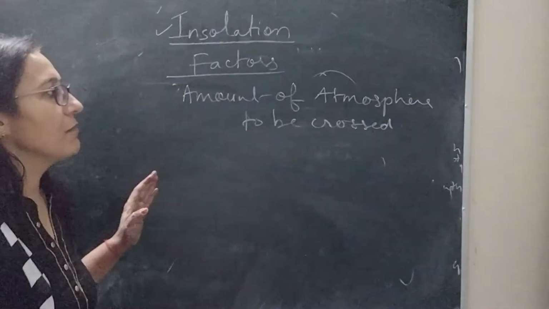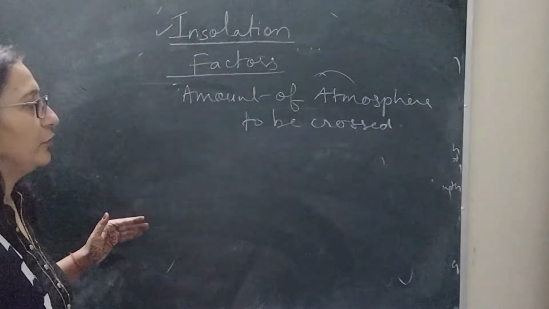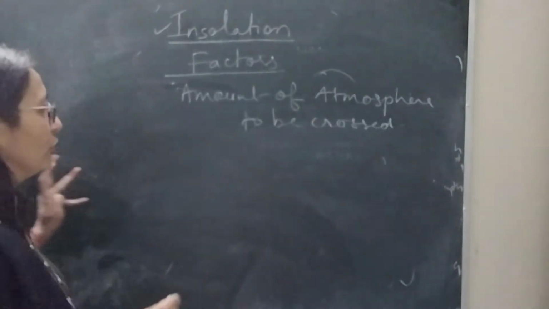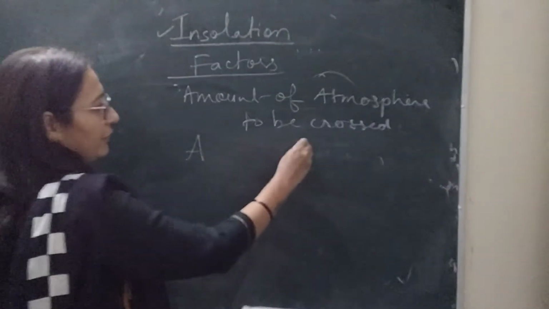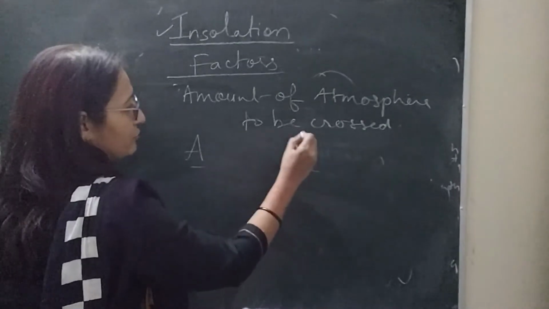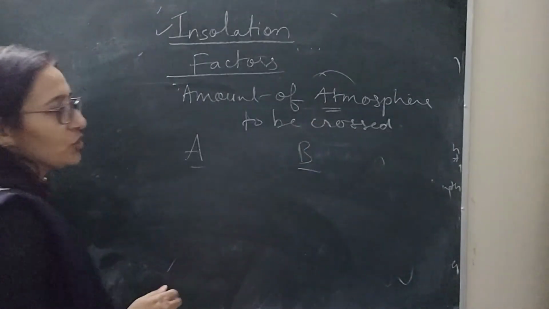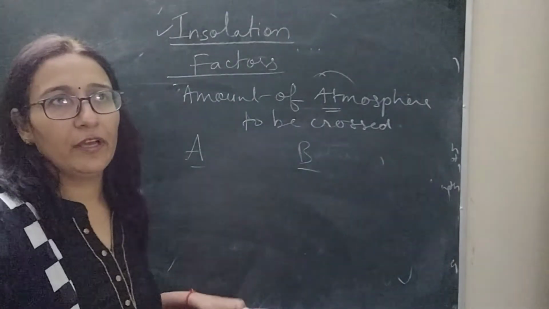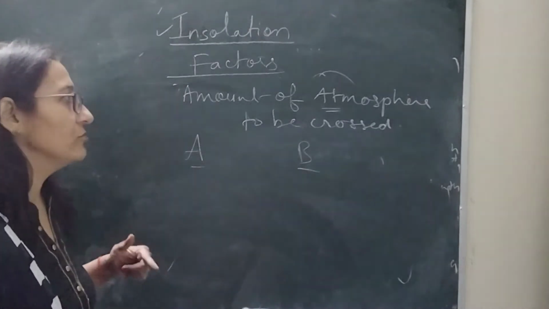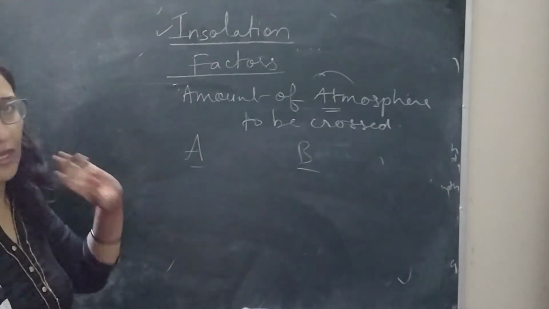Now what is the meaning of this point? As we know, if I take two places, place A and place B. Before that, what is atmosphere? The thick layer of air, the blanket of air that surrounds the earth, is called atmosphere.